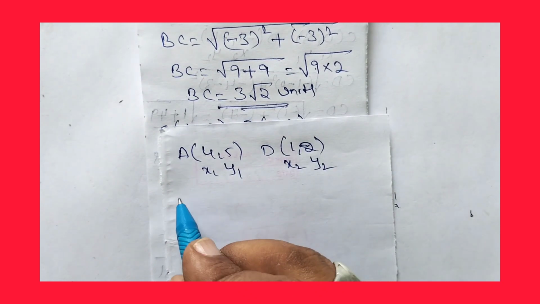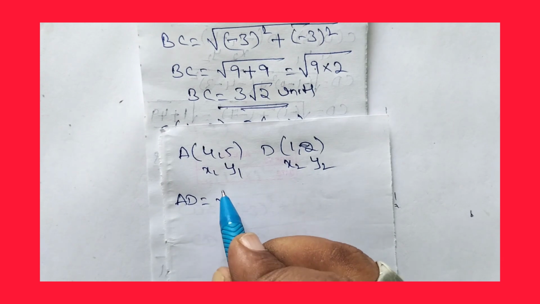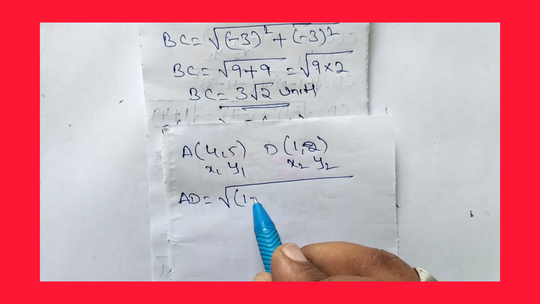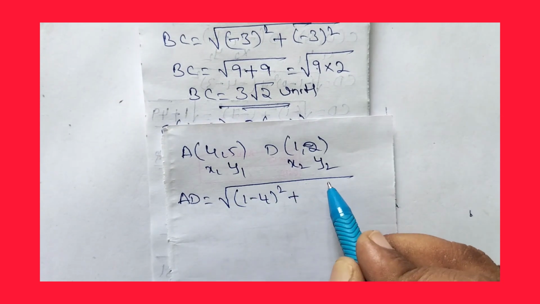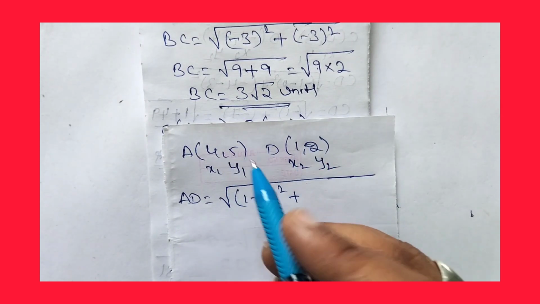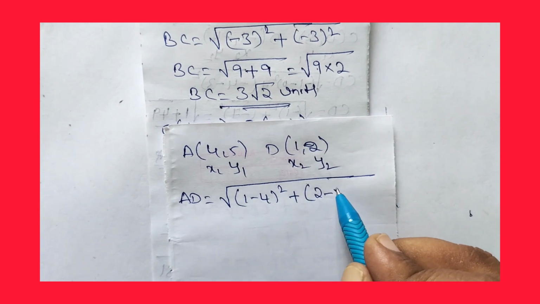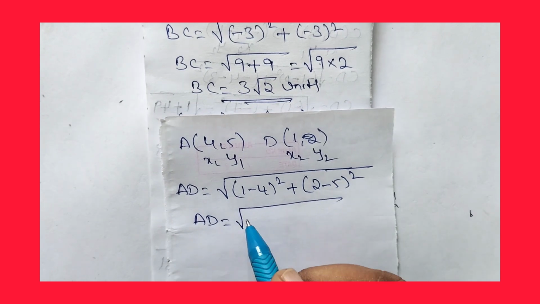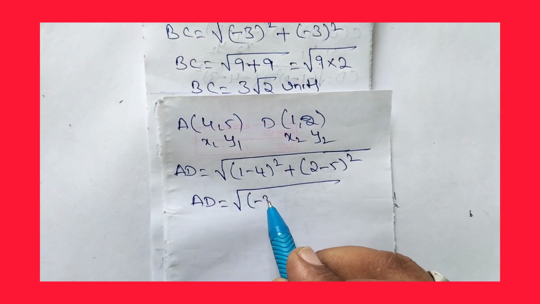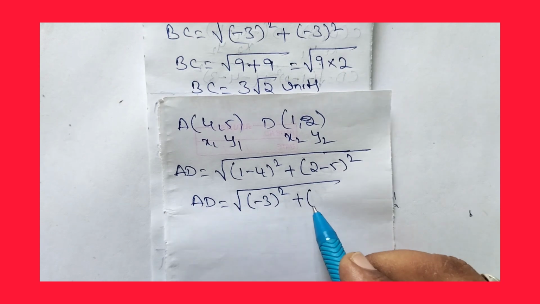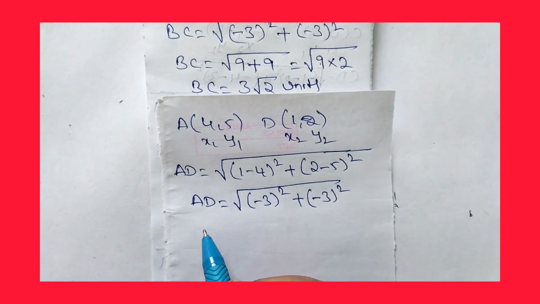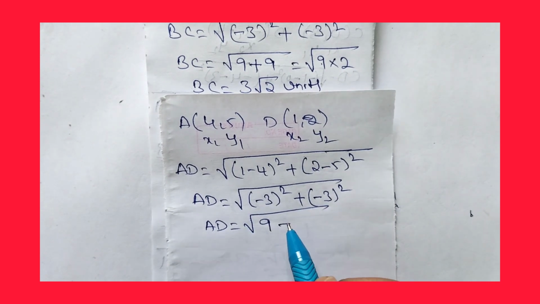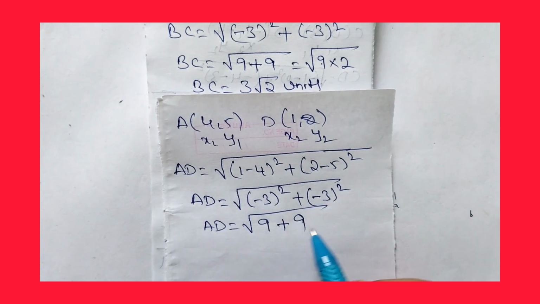So the distance between A and D is equal to square root of (x2 minus x1), (1 minus 4) whole square, plus (y2 minus y1), (2 minus 5) whole square. So AD is equal to square root of (1 minus 4) whole square, which is (minus 3) whole square, plus (2 minus 5 is minus 3) whole square. So AD is equal to square root of (minus 3) whole square is 9, (minus 3) whole square is 9.